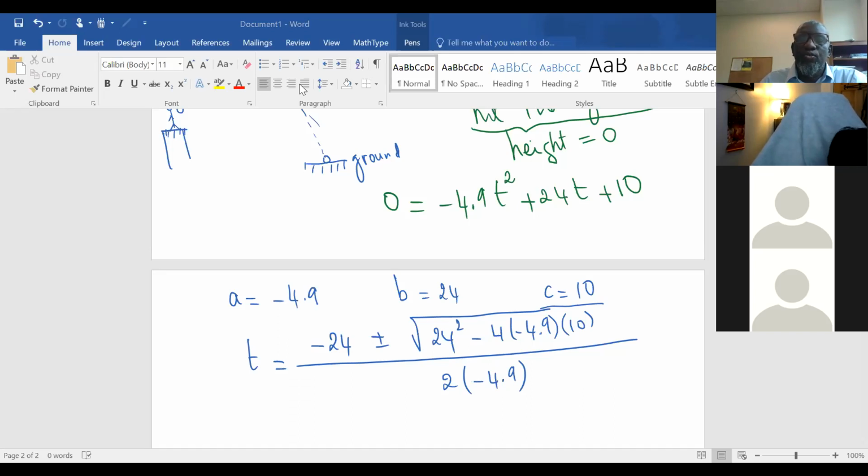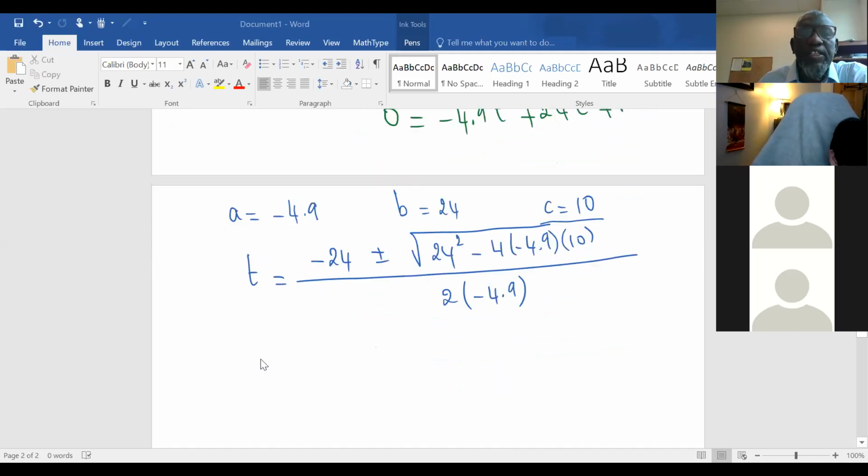If you have a calculator, you can do it at the same time. It's 24 squared minus 4 times 4.9 times 10. The stuff inside the square root is 772.